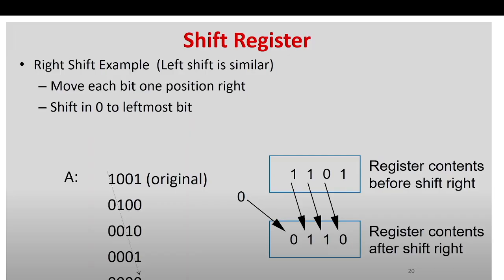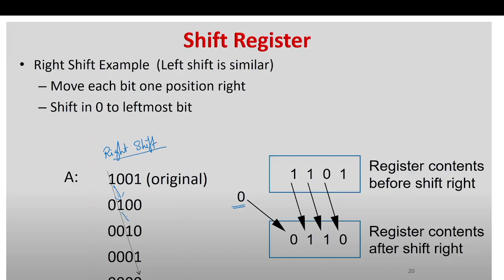We move each bit one position to the right, and we add a 0 to the leftmost bit. For example, if we are shifting and we perform the right shift operation, one bit moves to the right.